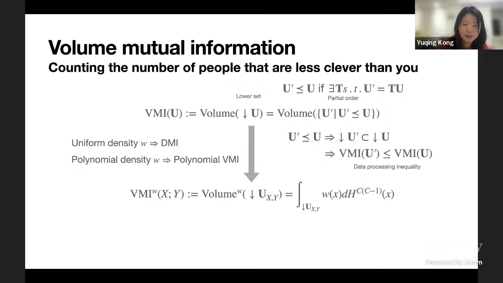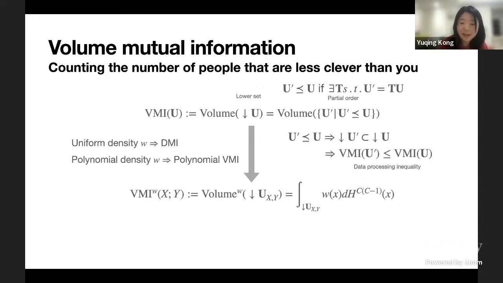And the point is, if I use this volume, I can use any measure, any density, as long as it's non-negative, to measure the volume. And if this density is uniform density, we can actually get something proportional to the determinant mutual information. And if this density is polynomial, then it's polynomial.